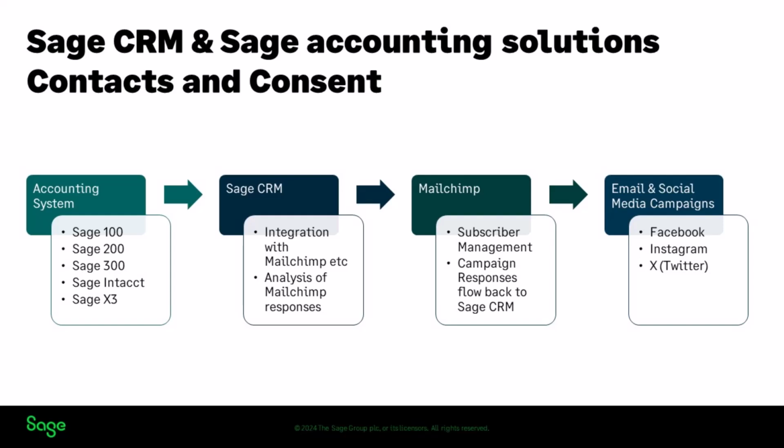So as we think about this, let's actually look at what goes on when we pass information from Sage CRM through into a system like MailChimp and how we can actually get a sense of how Sage CRM allows you to manage that and manage the risk of holding and understanding your management responsibilities.